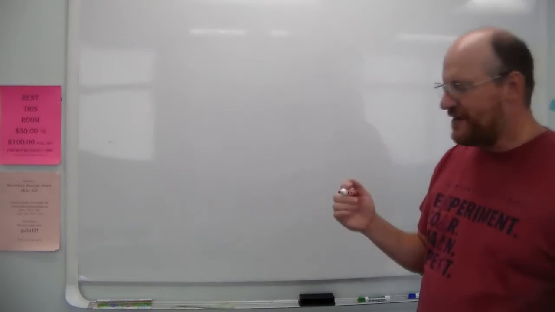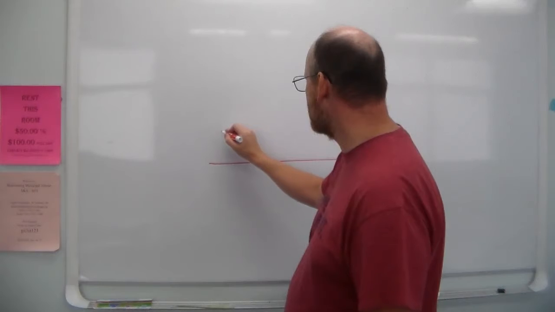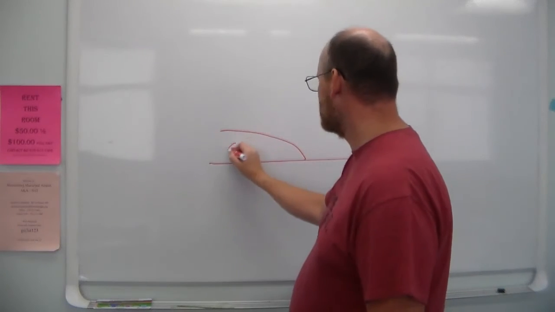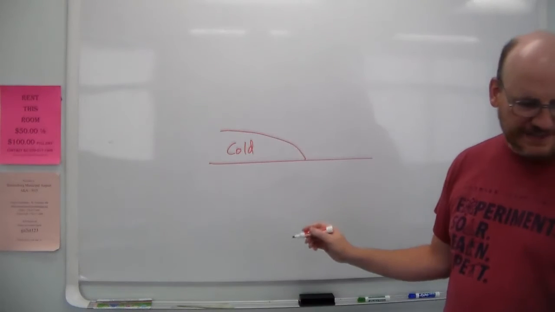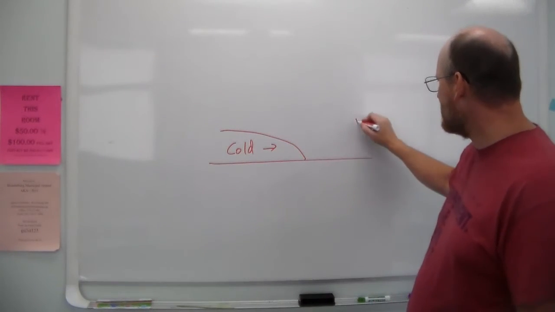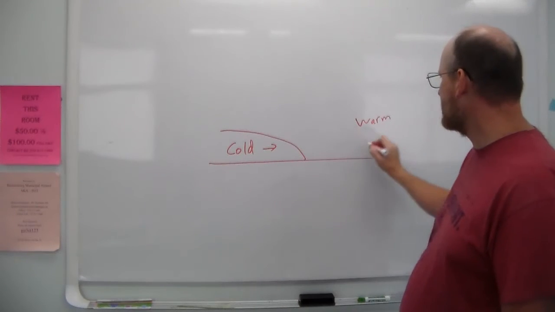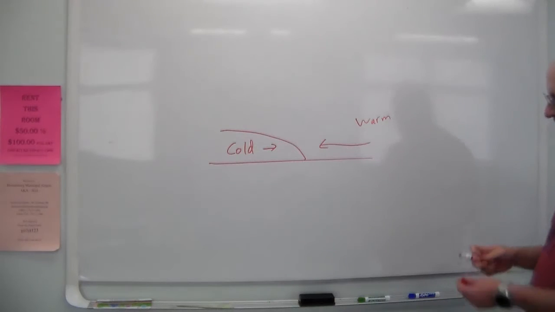So if I have cold air, and let's say it's coming up this way, and then I have warm air coming this direction, what's going to happen?